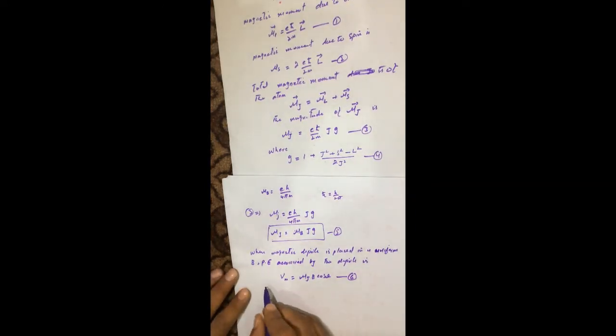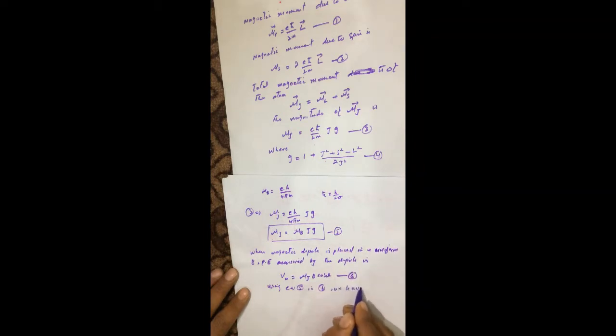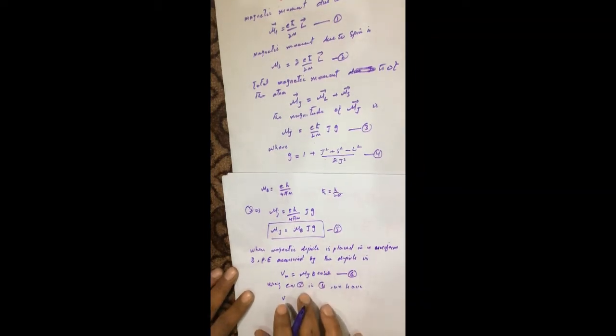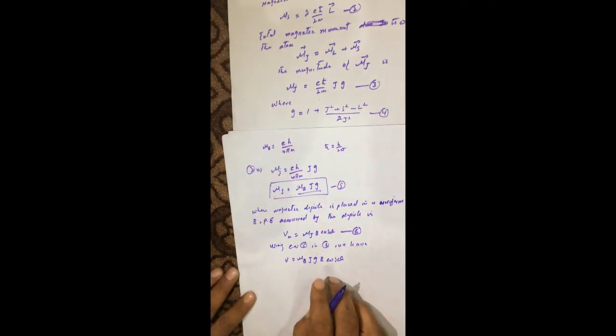Now using equations 5 and 6, we have the potential energy acquired by the dipole Vm, which is equal to, instead of μJ I will put this value, which is μB Jg into B cos of theta. I can write it as μB, the Bohr magneton, then we have this Landé g factor, then we have the magnetic field, and then we have J cos of theta.